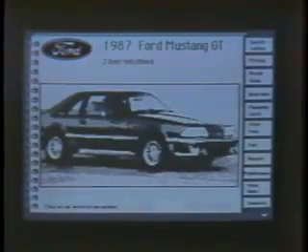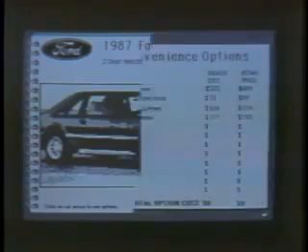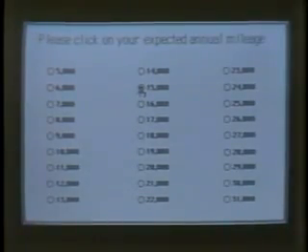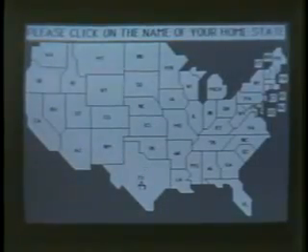The HyperCard version of the Complete Car Cost Guide was spawned by the original book of the same name. The guide uses HyperCard visual cues to prompt even a first-time user to enter the kind of information that affects the cost of ownership, like optional equipment, yearly mileage, and geographical location.